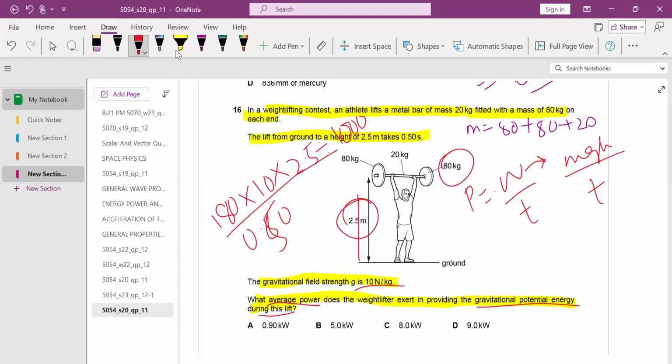Let's put the value into the calculator. The answer coming is 9 kilowatts. Option D is correct for question number 16.